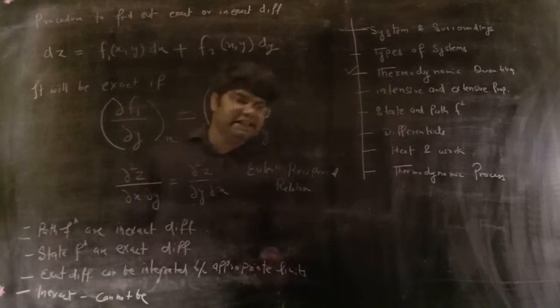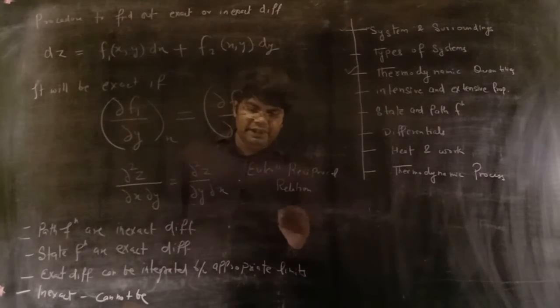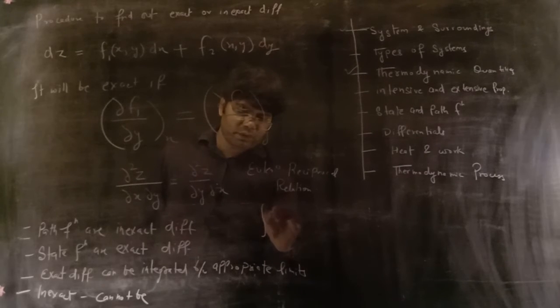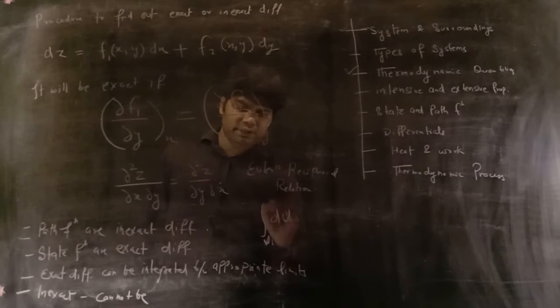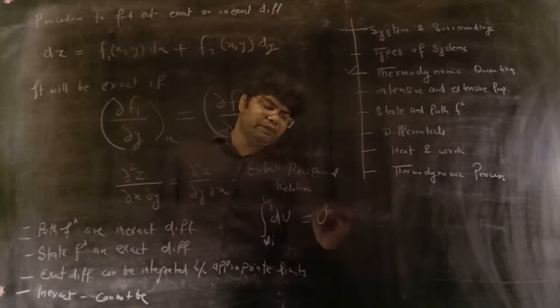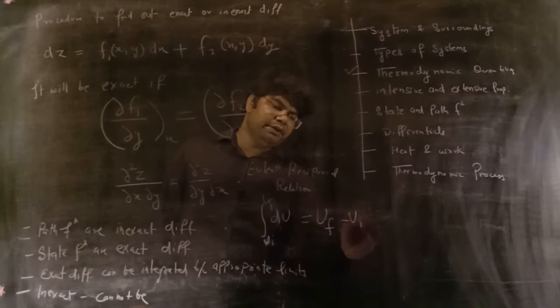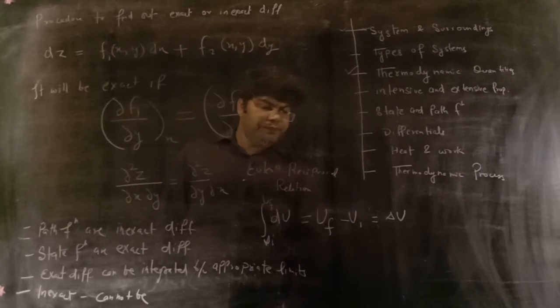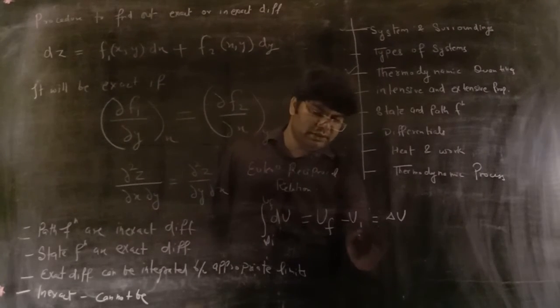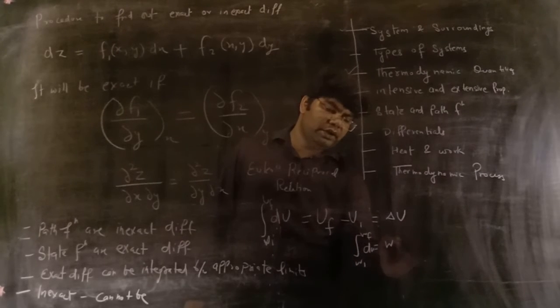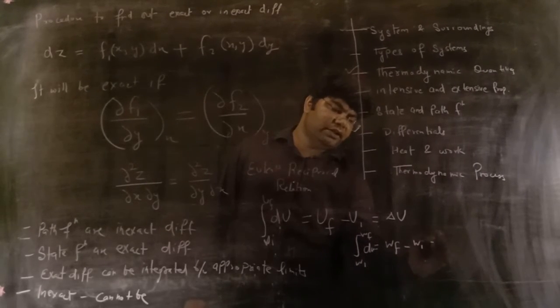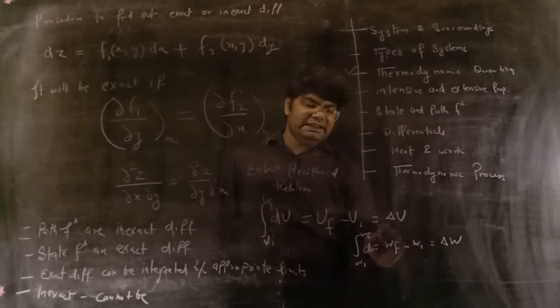So what is the meaning of this statement? This statement simply means that for internal energy dU, you can integrate from U initial to U final, and the result will be U final minus U initial, equal to delta U. But in case of work, if you integrate W initial to W final of dW and write it as W final minus W initial equal to delta W, this is wrong.